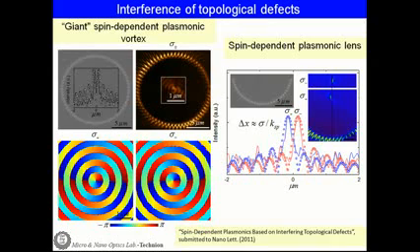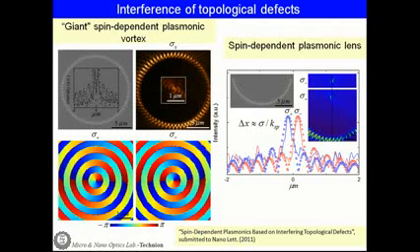We realized a plasmonic chain consisting of topological defects, and we measure the near field to be a dark spot, with very good agreement with our calculation based on interference of topological defects. We calculated a spiral phase with opposite helicity for spin up and spin down.